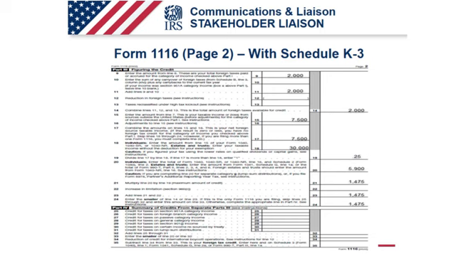Now, when you divide that $7,500 by the $30,000 of total income, you come up with a percentage of 25%. If you recall, without the Schedule K-3, that was 23.3%. Now, the percentage is 25%.